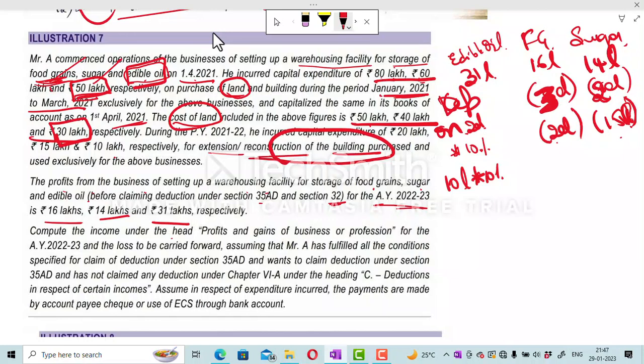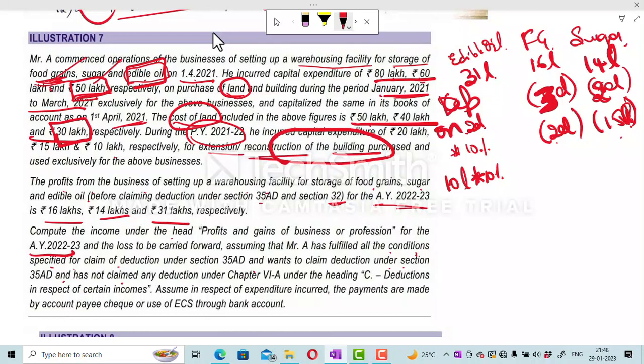Compute the income under the head PGBP for the assessment year 22-23, meaning 21-22 is the previous year, for this year only, and loss to be carried forward, assuming that Mr. A has fulfilled all the conditions specified for claiming the deduction under section 35AD and wants to claim the deduction under section 35AD and has not claimed any deduction under Chapter 6A under the heading deductions in respect of certain incomes.